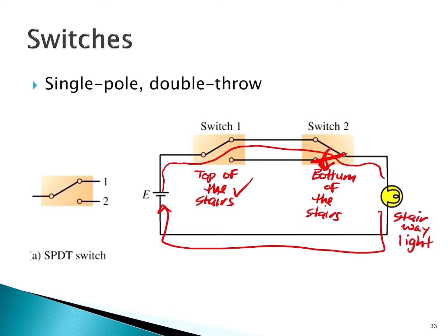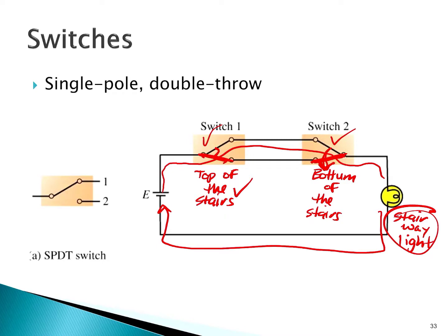to complete the loop. So what does that mean if somebody comes to the top of the stairs now? Can they turn on the light again to come down the stairs with the light on? Well, yes. At the top of the stairs, all they do is move this switch to this location, and now the drawings get a little bit messy, but you can see that through both of these switches, this one in its current state that I've shown and this one in its current state, there's now a path for current to flow again, and the stairway lamp would be on, giving you light until you got to the bottom.